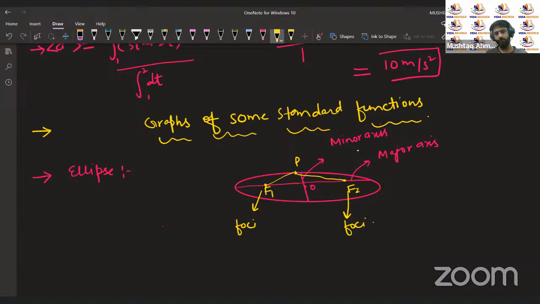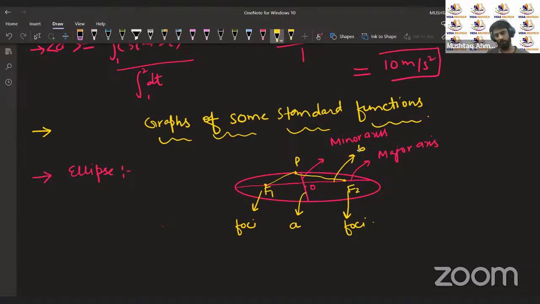And this is the minor axis here, and half of this minor axis is suppose represented by A, and half of this major axis is represented by B. That's what we call B as the semi-major axis, and A as the semi-minor axis.